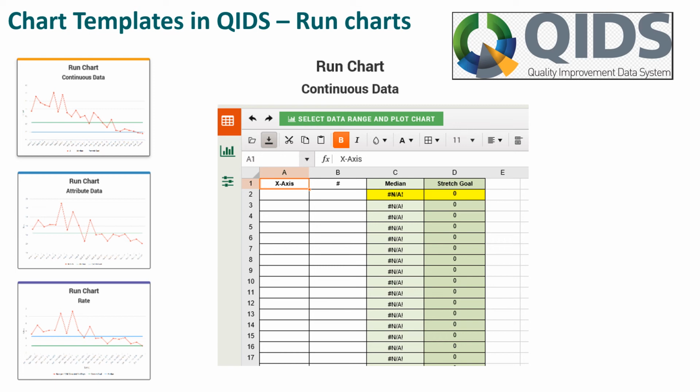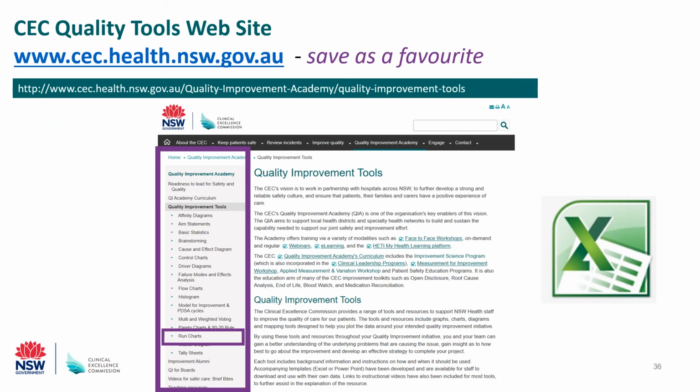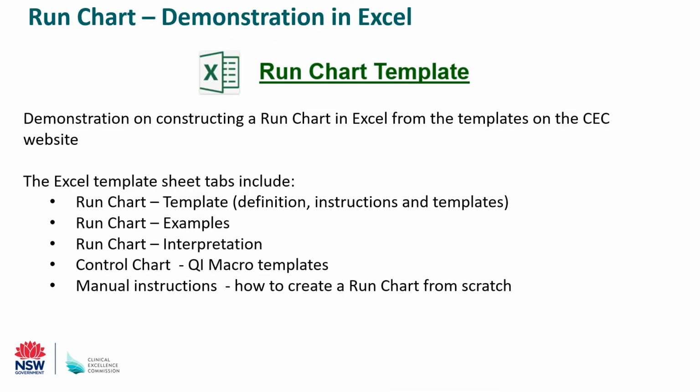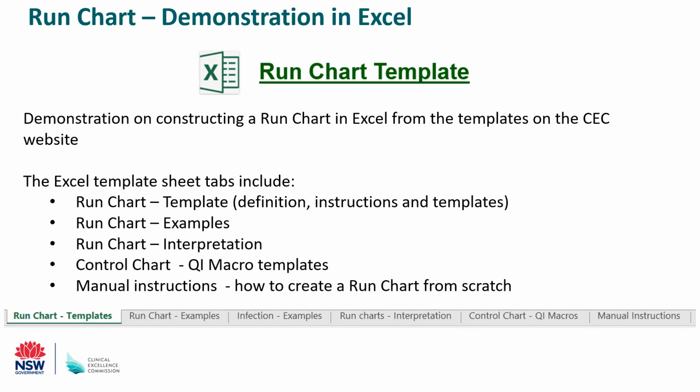So using the Quality Improvement Tools webpage, we're now going to demonstrate how easy it is to create a chart using Excel from one of the templates that have been set up for you. When you open up the Run Chart template in Excel, you'll see various tabs or sheets. The first one is the actual templates where you can enter your data and the chart will grow automatically.